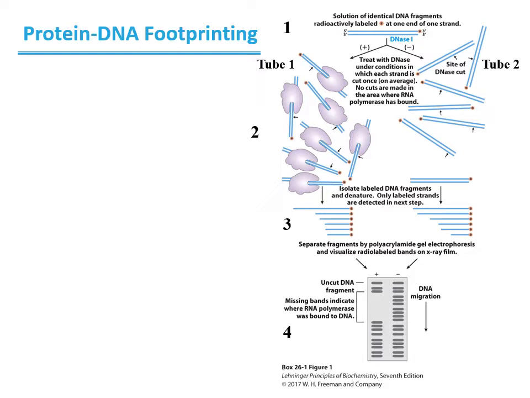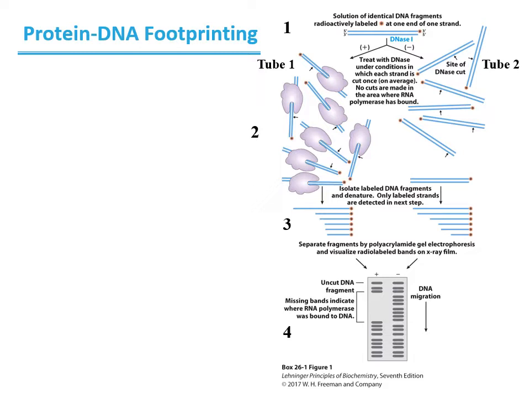This slide shows the strategy used to identify the location on DNA where any protein binds. You start with purified components. 1. A large piece of DNA where you think the RNA polymerase or the protein binds. 2. Radio-label the DNA with P32. This is radioactive P32. 3.